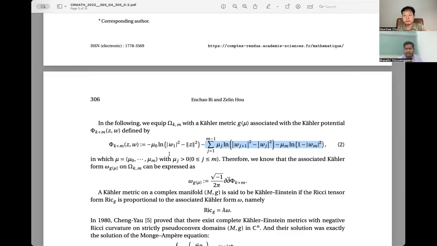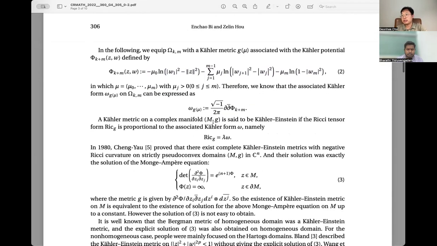Yeah, because the Hartogs triangle is biholomorphic to D star cross D. D star cross D, exactly. So we can pull back all those things from there, right? I think that's the way they come up with this potential function. I see. Okay. So once they got this expression, they are able to describe a Kähler metric, and by applying the known theory, this metric would be complete.